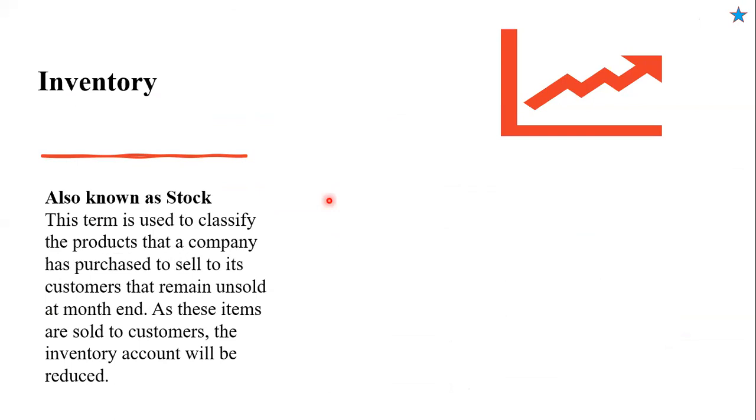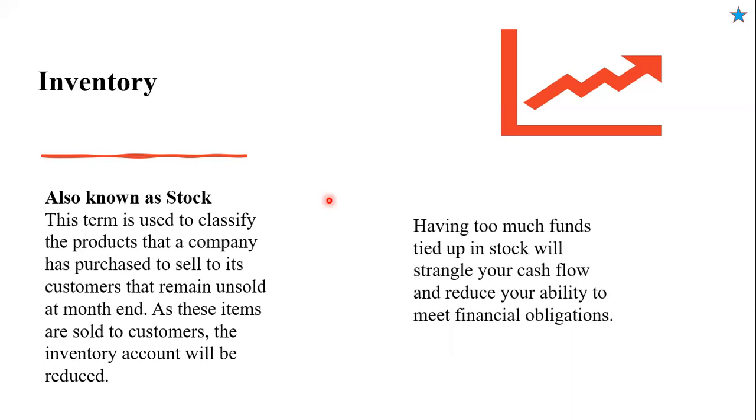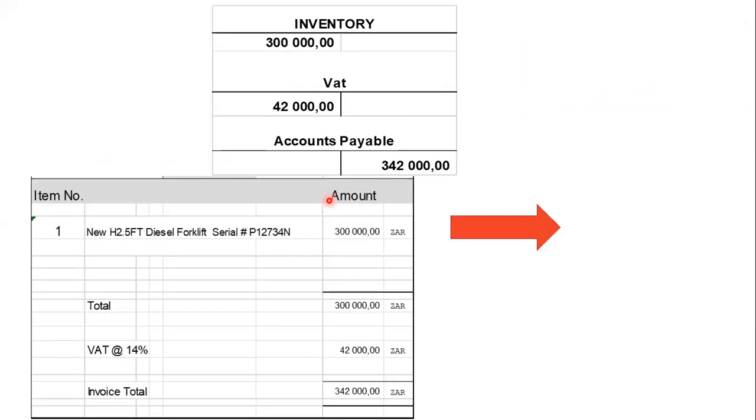Inventory, also known as stock, is the company's products that remain unsold as at month end, and therefore it sits on the balance sheet. One of the pitfalls of having too much inventory is it ties up your cash, and this will have a negative effect on your cash flow. And here's the entry.